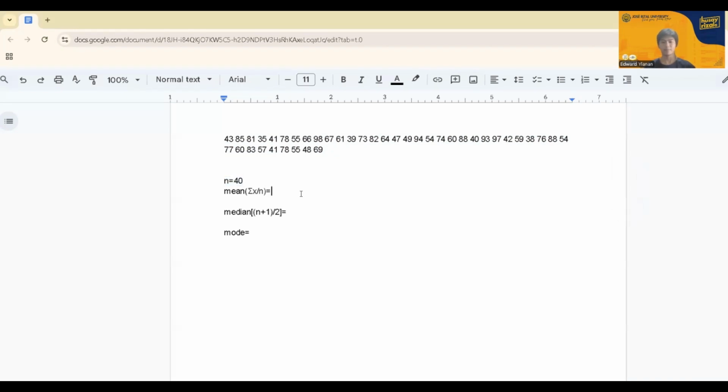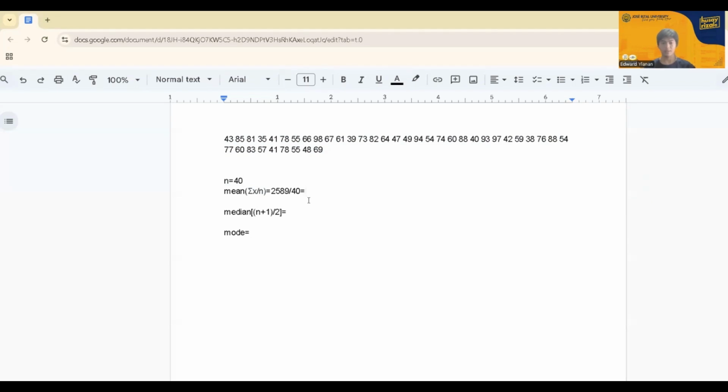Next is mean, with the formula of summation of x over n. First step is add all of our data points with a total of 2,589. Using this formula, it is divided by 40.